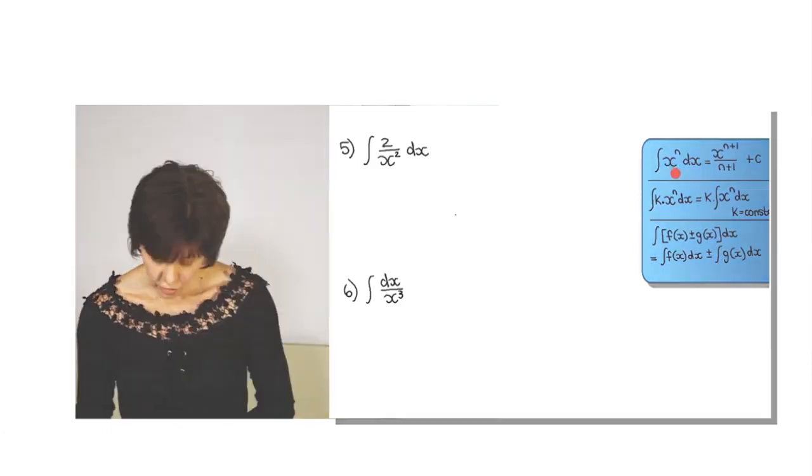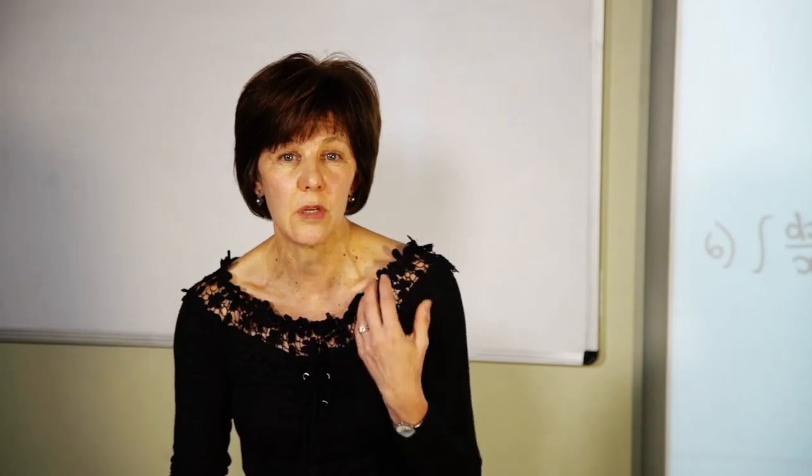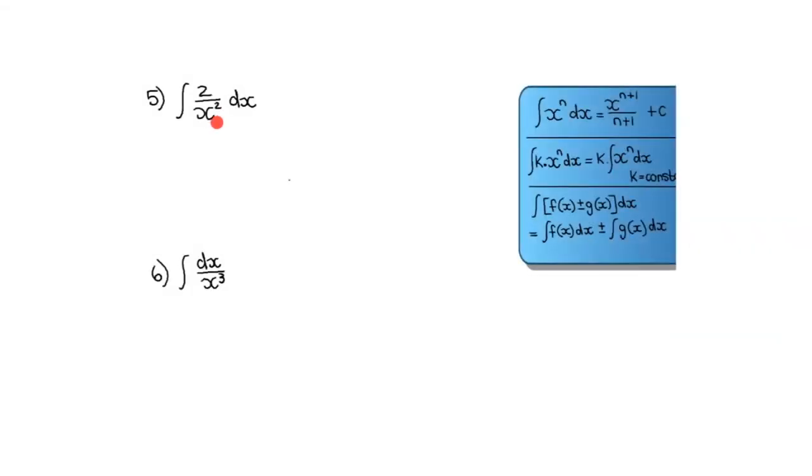So I'll have to take this x to the power 2 from the denominator and put it in the numerator. And if you remember your exponent laws, the moment you take this power upwards, its sign will change to the opposite sign, which is negative in this case.